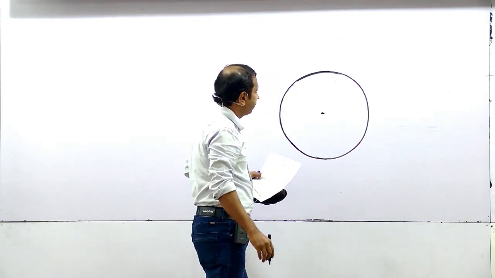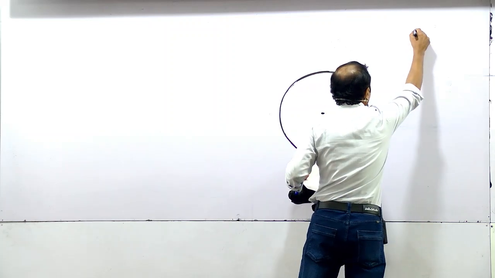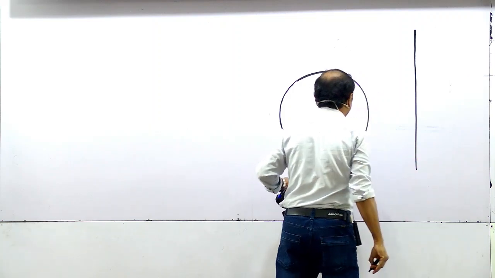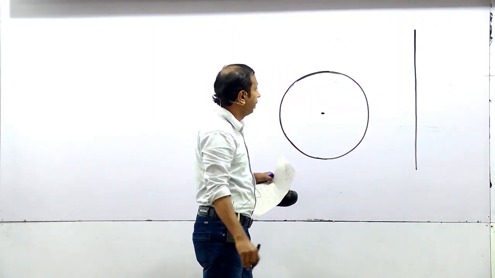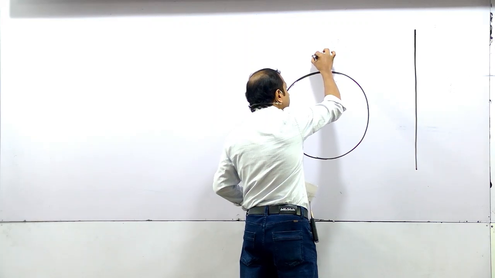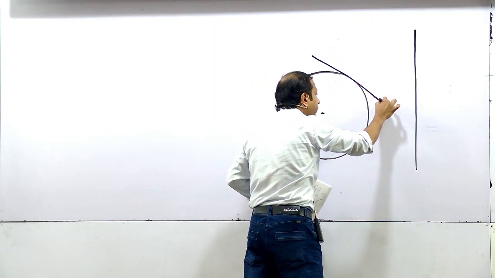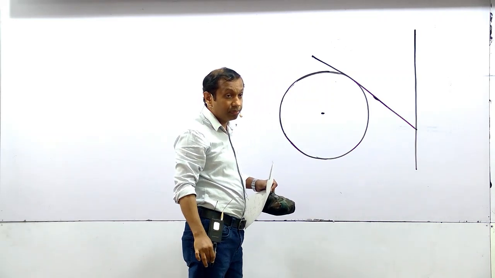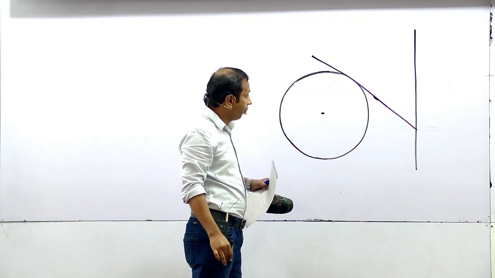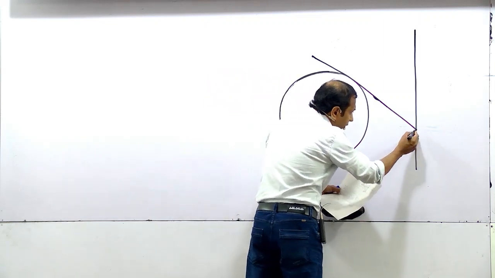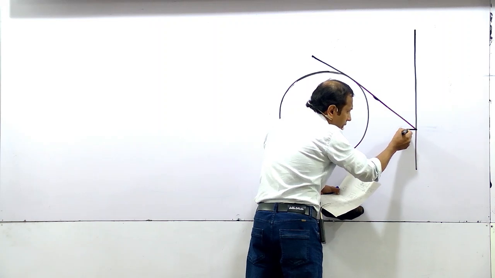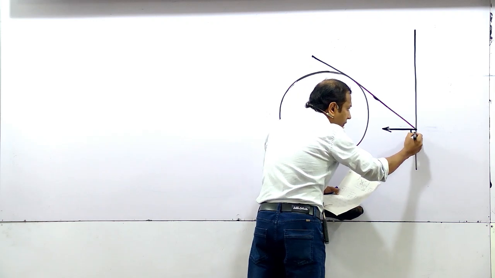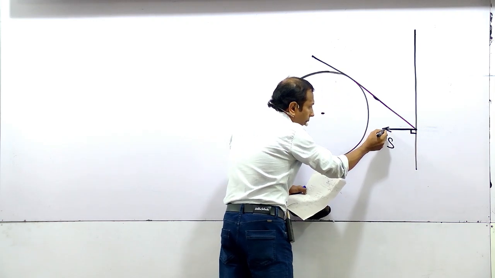Here we have a wall. A rod is resting like this, in contact with the cylinder. Then a reaction comes in here by the wall. The reaction is horizontal. Suppose it is S. It passes like this.